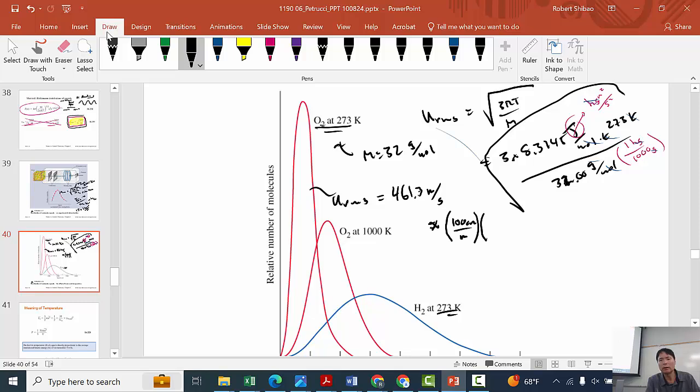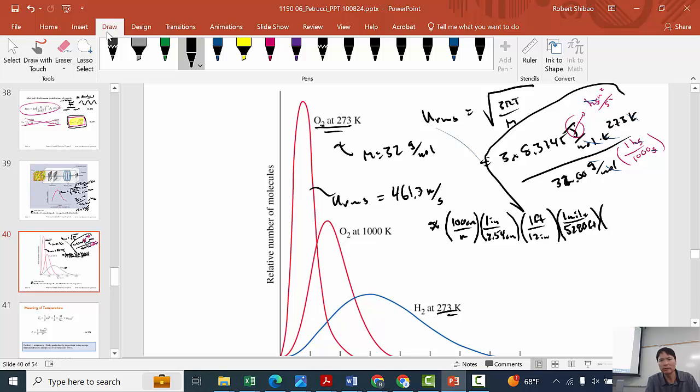And then there are, in 1 inch, 2.54 centimeters. And then there are, in 1 foot, 12 inches. And then in 1 mile, there's 5,280 feet.